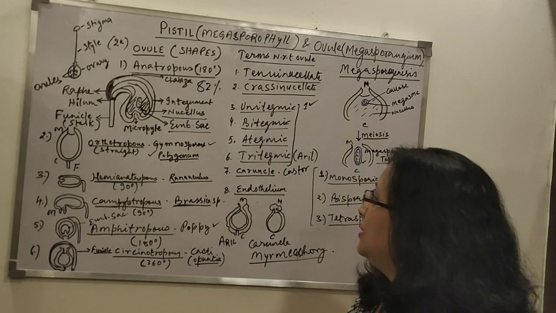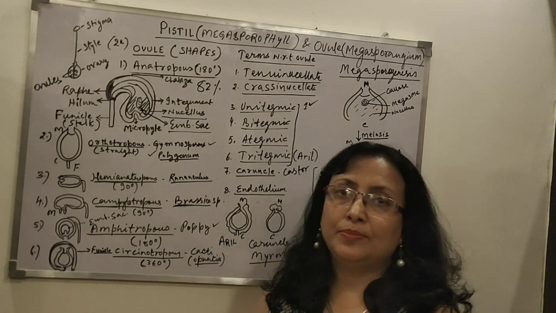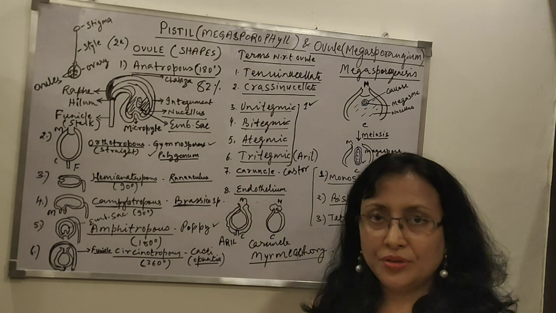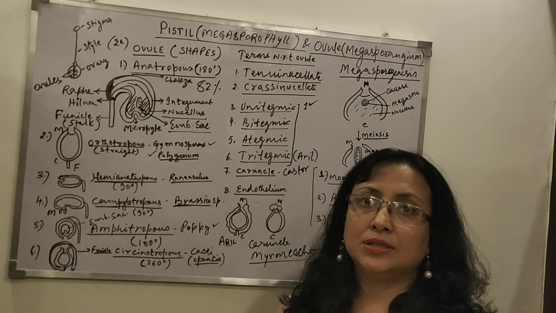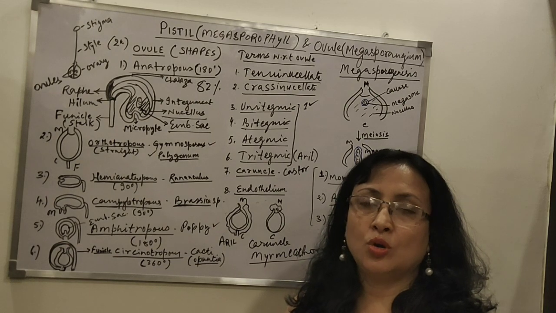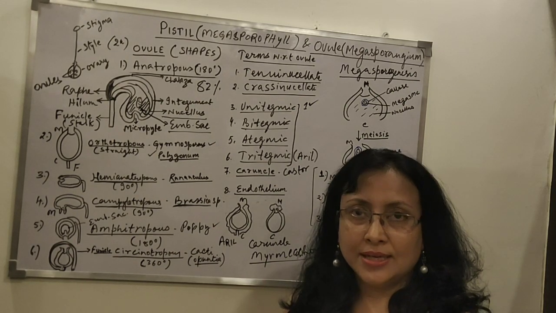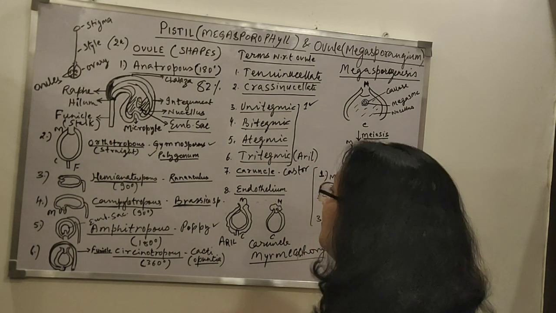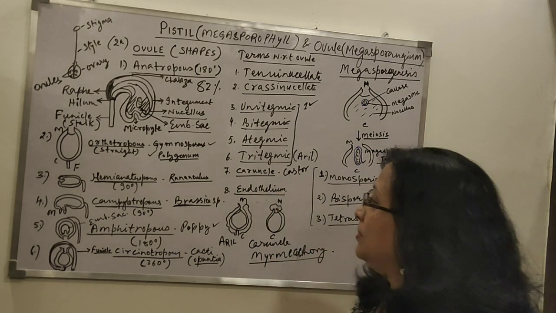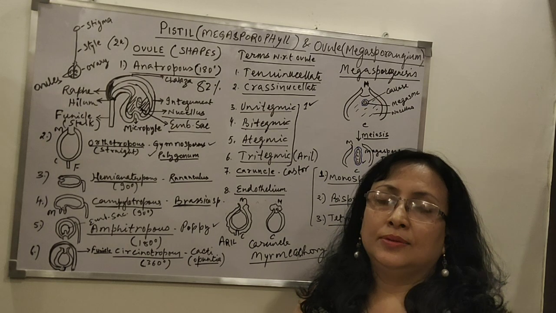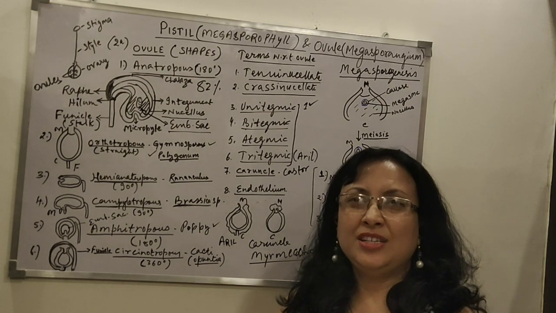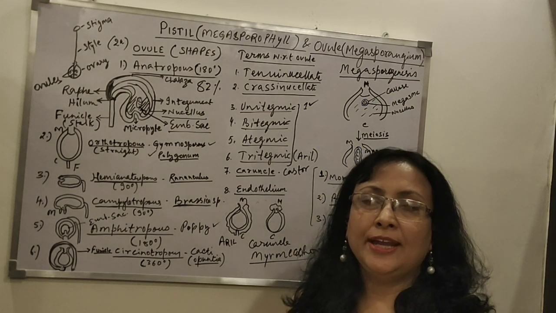Apart from this, castor is already a very well known and economically important seed, because it provides us lubricant oil. Castor gives us the lubricant oil. Coming to endothelium, endothelium is a term associated with the ovule, where we even call it integumentary tapetum.